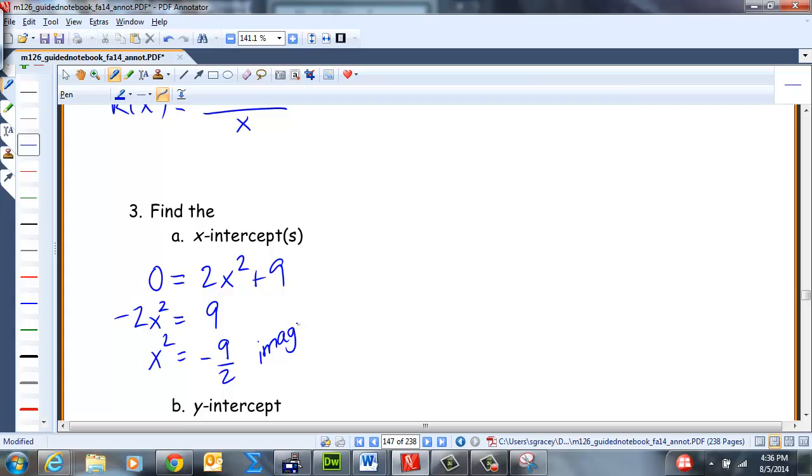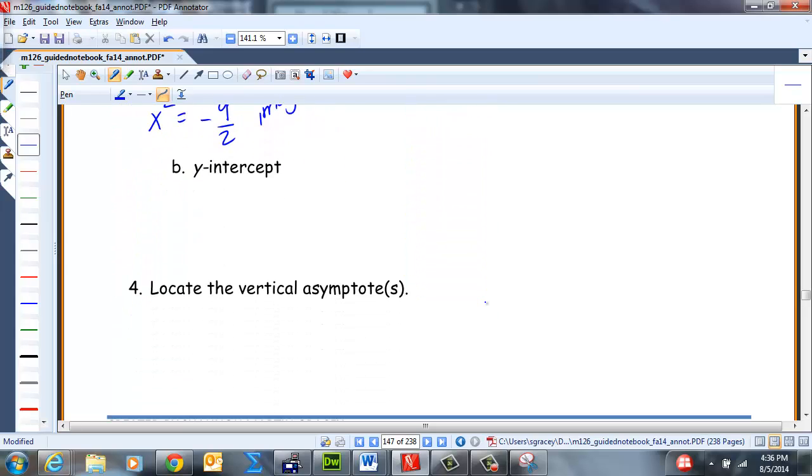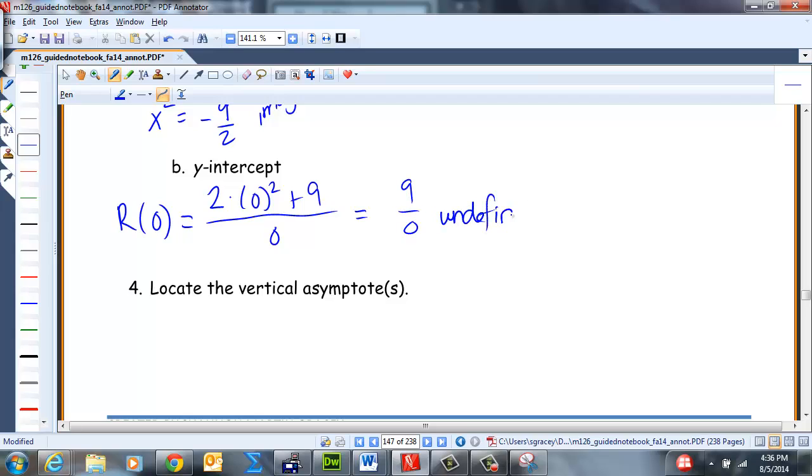So we won't have any x-intercepts, so we'll just write none. Okay, the y-intercept: if I evaluate r at 0, I would get 2 times 0 squared plus 9 over 0, which is 9 over 0, which is undefined, since 0 is in the denominator. So we do not have a y-intercept either.